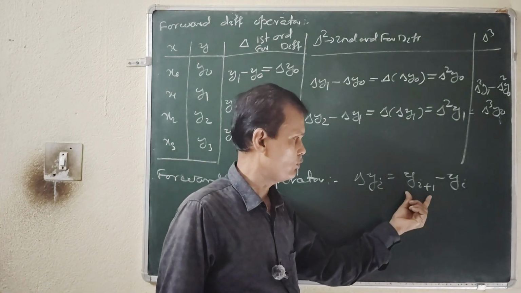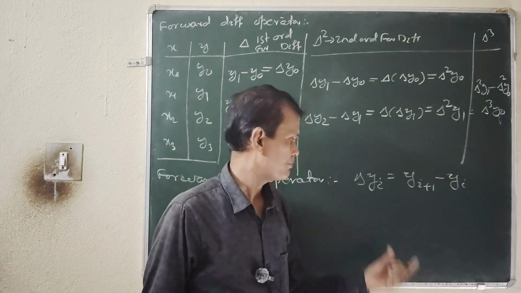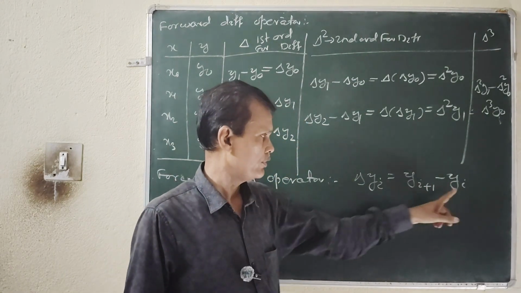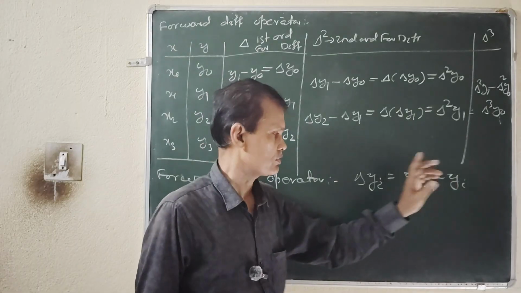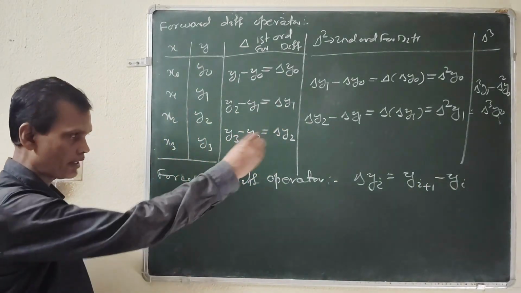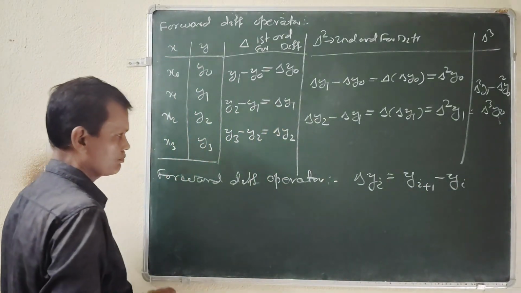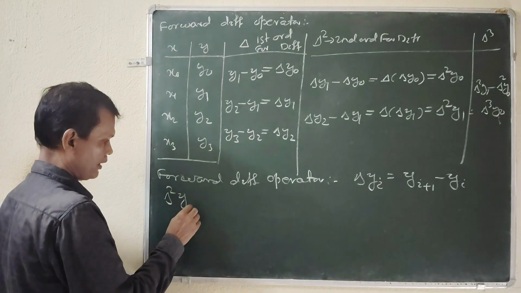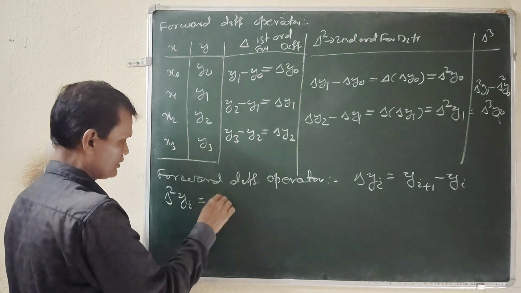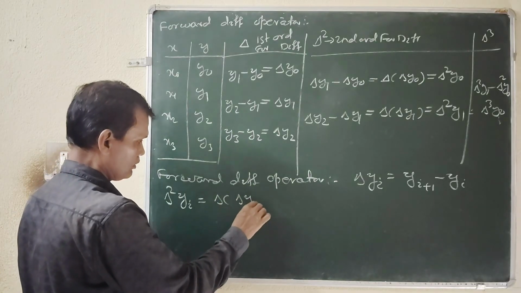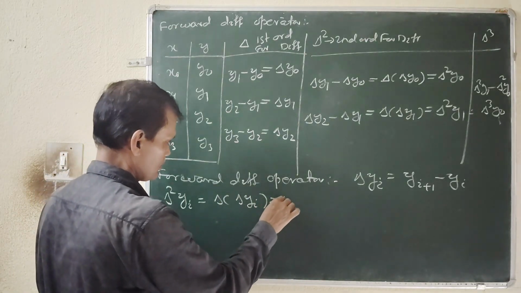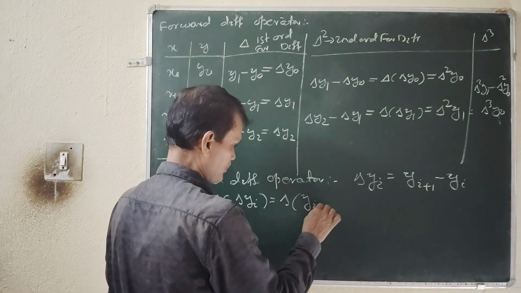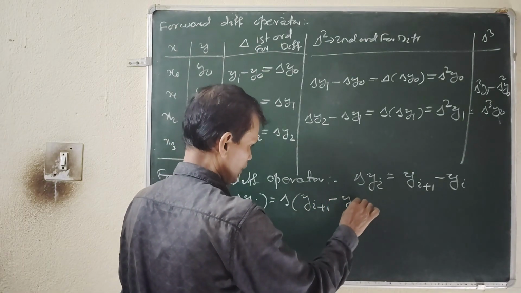That means the new data minus old data, we are finding delta yi. Now from that, we will find delta square yi. That is delta of delta yi, that is delta of yi plus 1 minus yi.